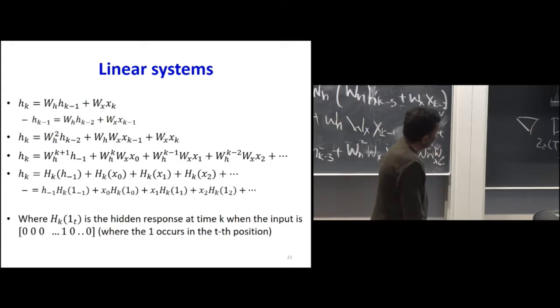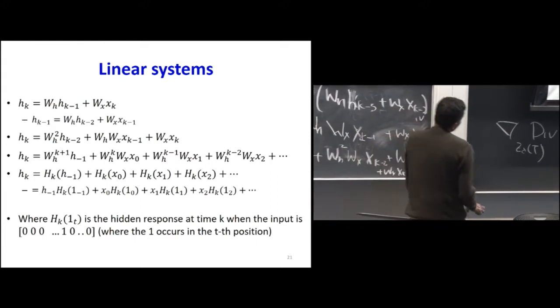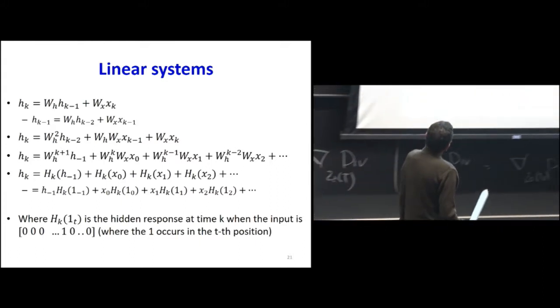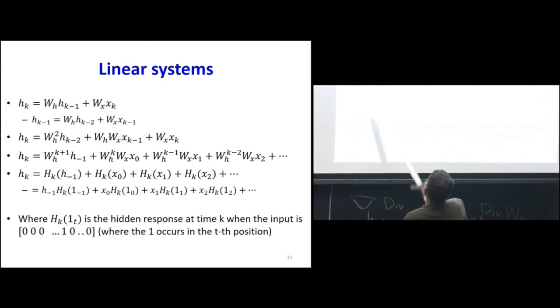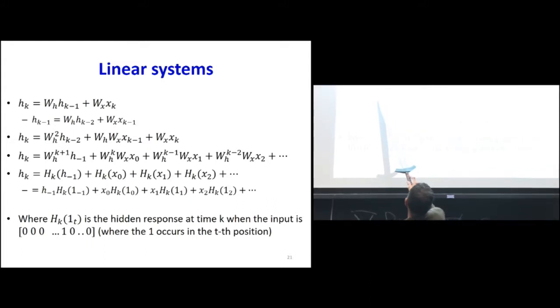Correct? And specifically, here's what you're going to find. It's WH raised to k minus 1 times the initial value. Forget this.